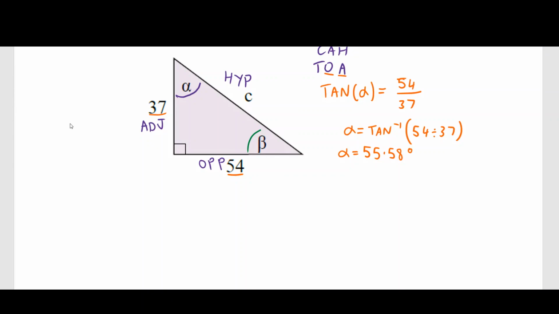Okay, so again, we can use tan. So for this case, beta, this side's the adjacent for beta, and this side's the opposite. This side remains the hypotenuse. Longer side, always the hypotenuse.